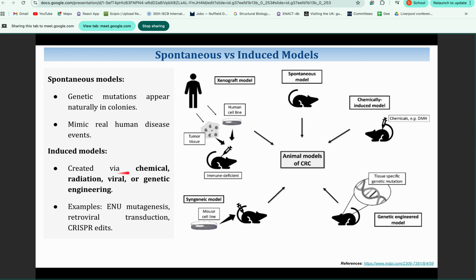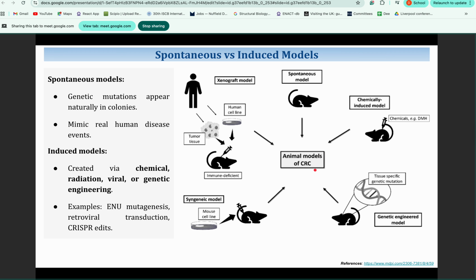Induced models are created by chemicals, radiations, viral or genetic engineering, for example ENU mutagenesis, retroviral transduction and CRISPR edits. So in induced models, we are artificially inducing certain mutations, whereas in spontaneous models, the genetic mutations appear naturally in those colonies.